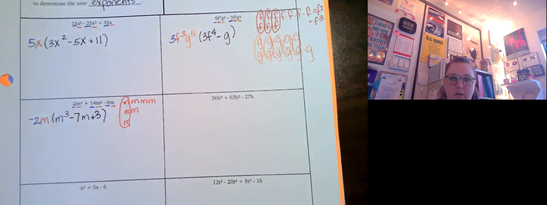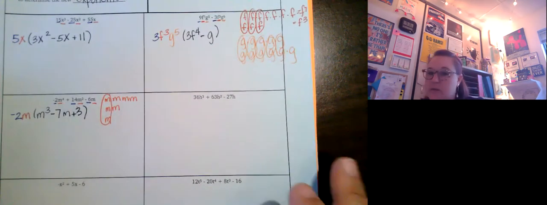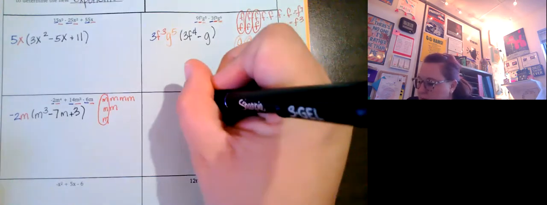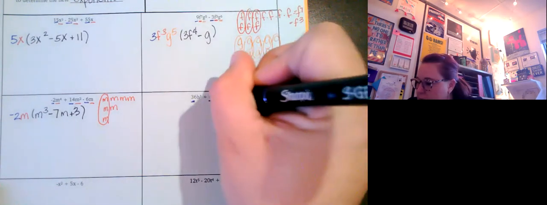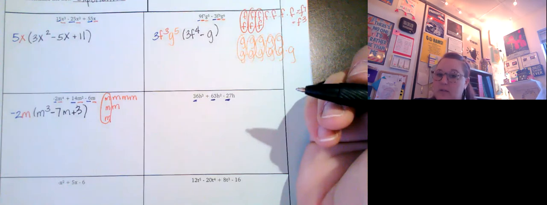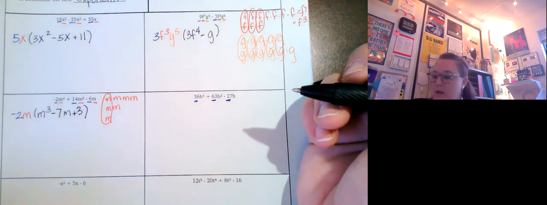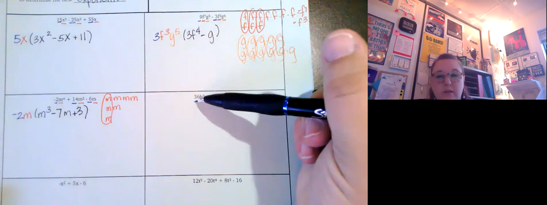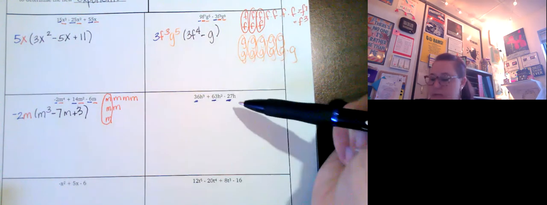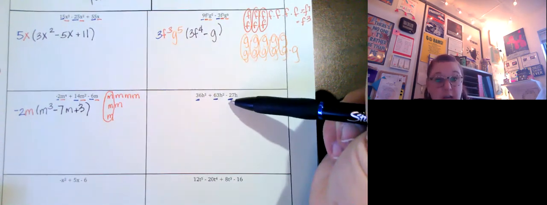All right, hopefully we're kind of getting the hang of it. So if we look at this next one, these are bigger numbers. When I'm looking at my coefficients, I have 36, 63, and 27. That tells me that it's a bigger number that's going to come out of it. I can see that 9 goes into 36 4 times, 9 goes into 63 7 times, and 9 goes into 27 3 times.